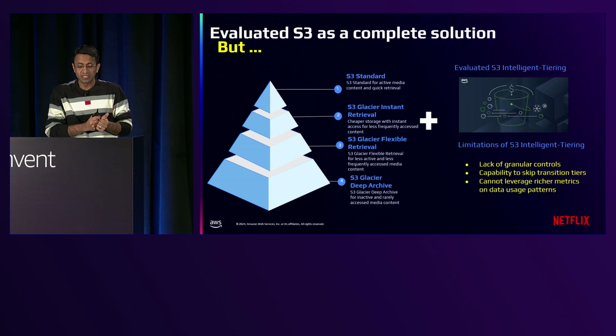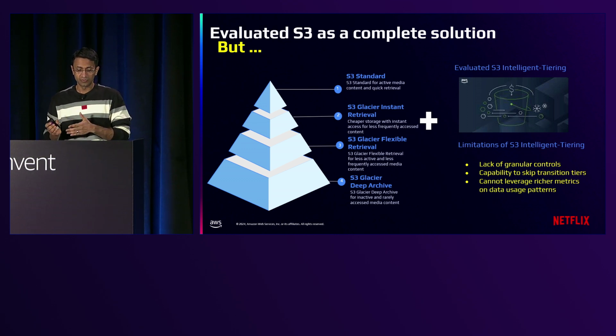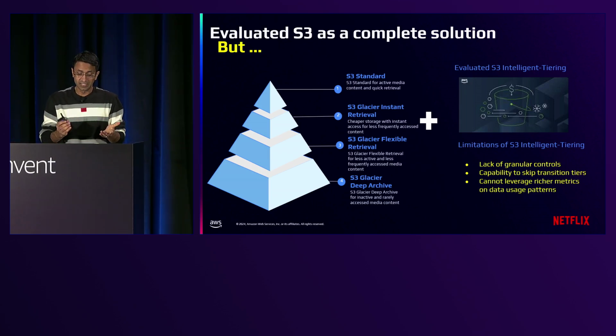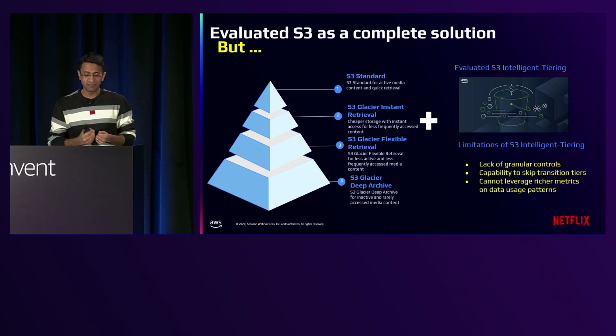S3 intelligent tiering moves data through a fixed progression of tiers. In our use case, we often need to move data directly to cold storage, bypassing the intermediate tiers entirely based on our business rules. And finally, obviously, S3 intelligent tiering cannot leverage the rich metrics and context that we have about our data.